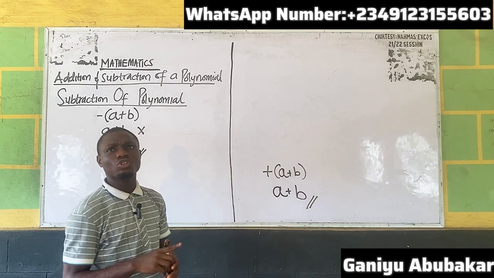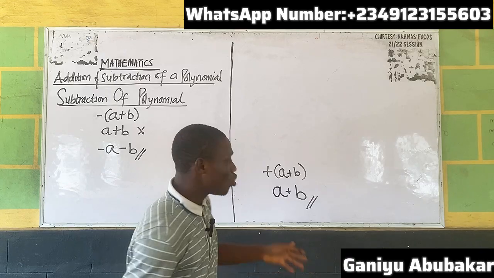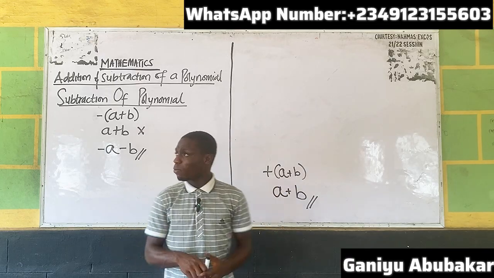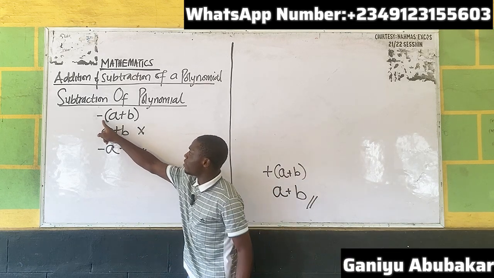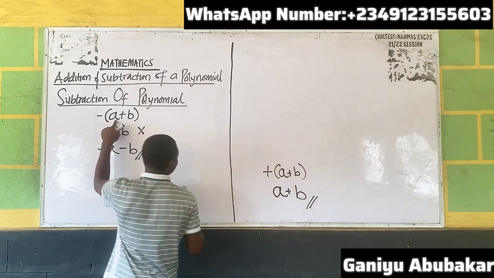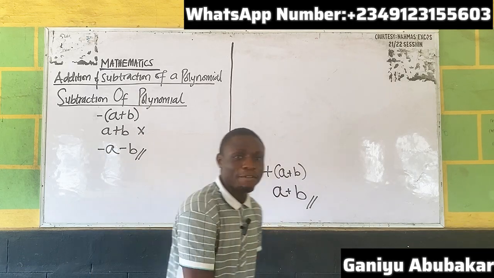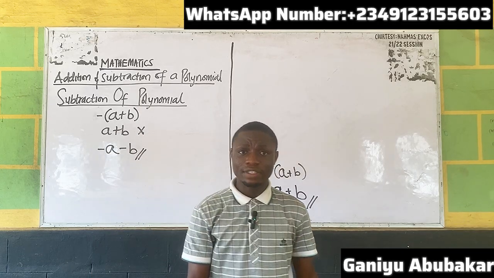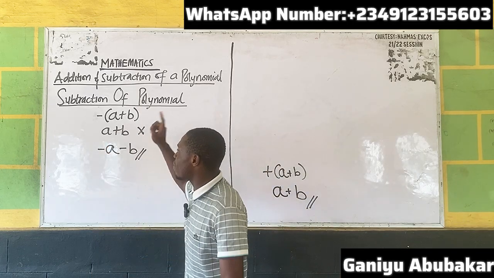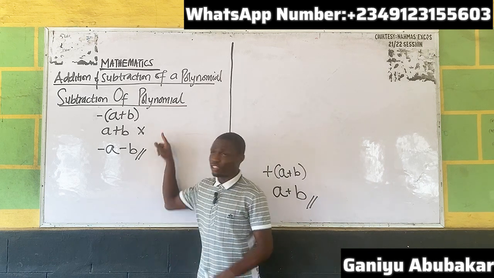When it comes to addition, you don't have any stress to expand. Just repeat what you have. When it comes to the negative sign, observe that after expanding, I had this expression. So your sign affects the terms in the bracket. So watch out for negative. Whenever it comes to subtraction, always be watchful. That's the essence of this.